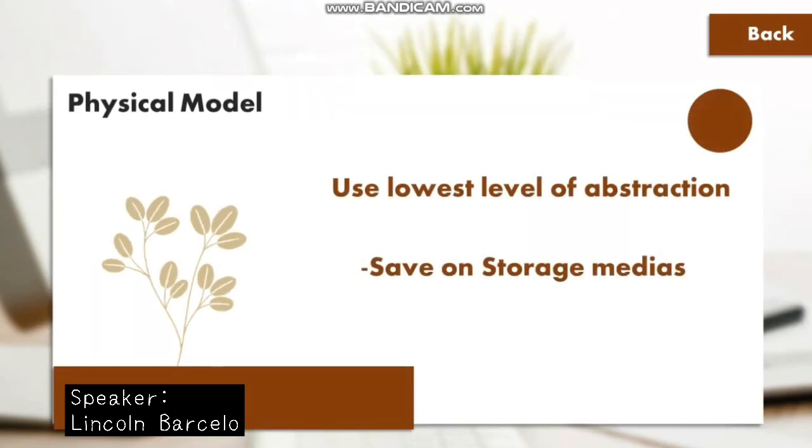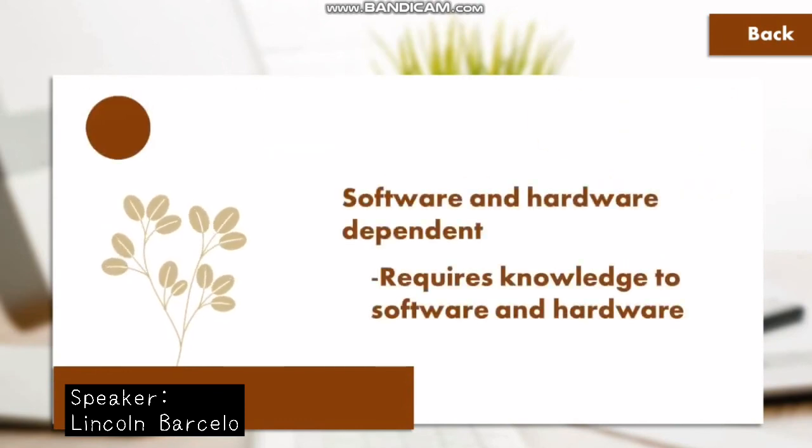Yung storage medias na yun ay, halimbawa nun ay tapes saka disks. So, ayan nga, software and hardware dependent yung physical model kasi sila yung nasa pinakababa ng ating figure kanina. So, kailangan natin ng knowledge dun sa ating software saka dun sa hardware bago tayo makakreate ng physical model.